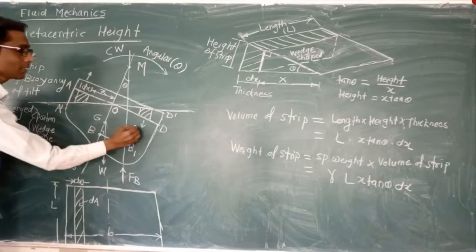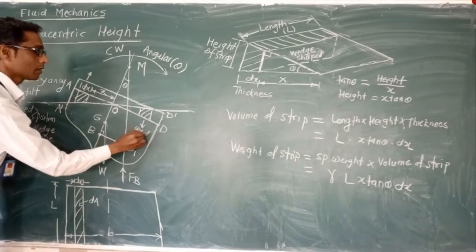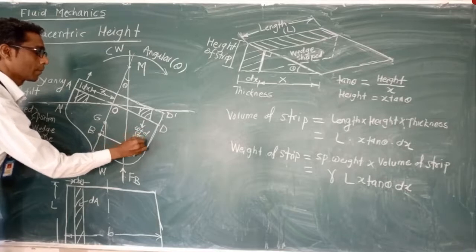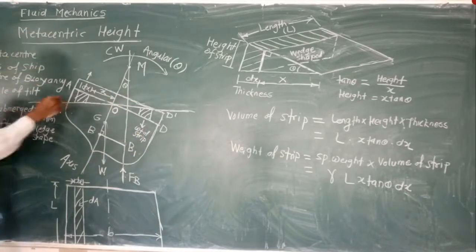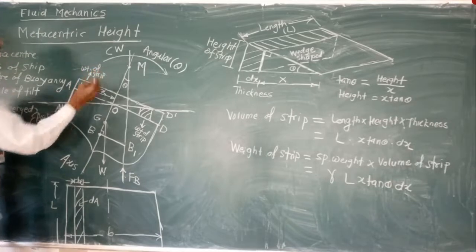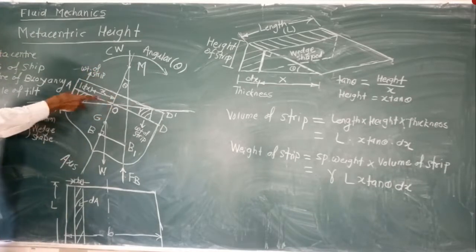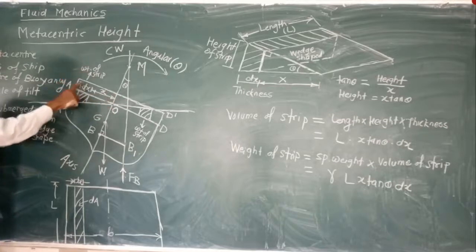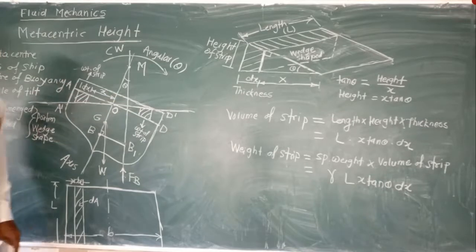What I am showing, see, this weight of strip is tilting, that's why it is acting in this way. So about this point O, it is tilting. So that's why the weight of the strip on both sides is acting as a couple.